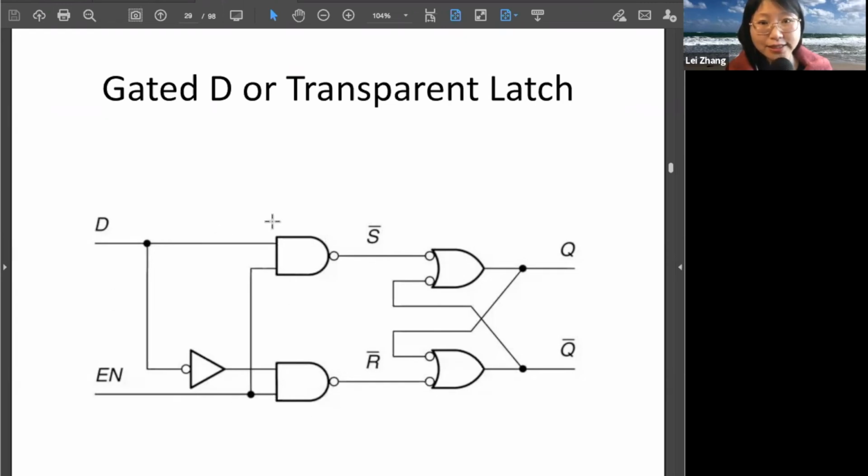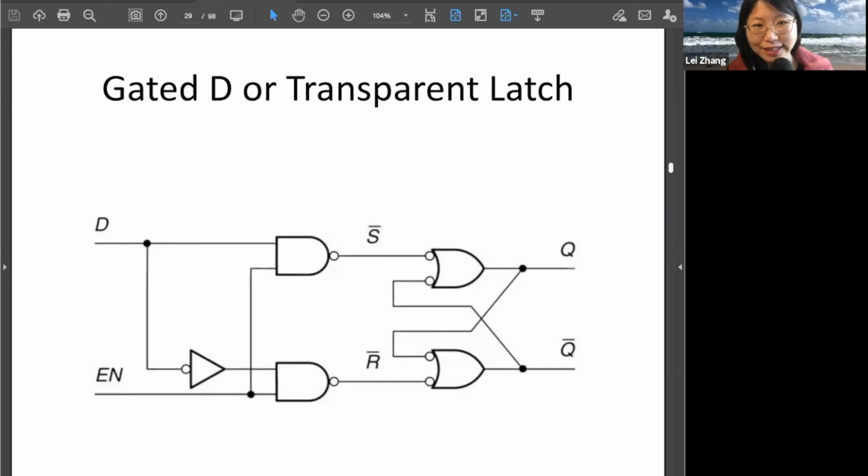So this is the circuit for the D latch. Later on, we will see another memory, which is a D flip-flop, and it looks very similar to this one, apart from the enable signal becoming a clock input.